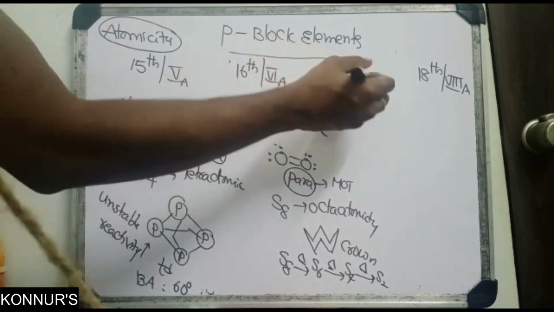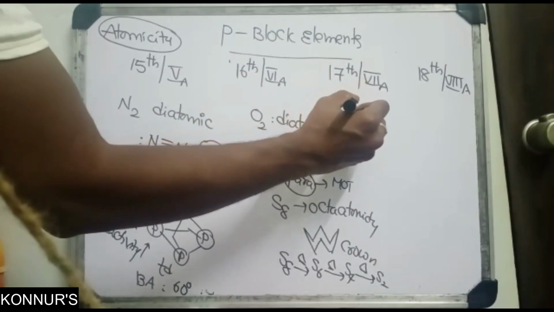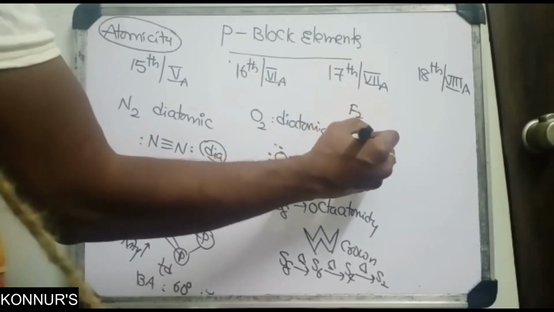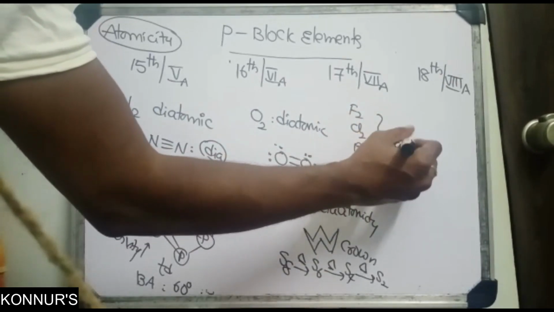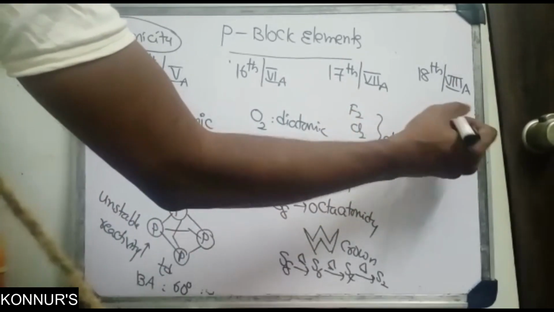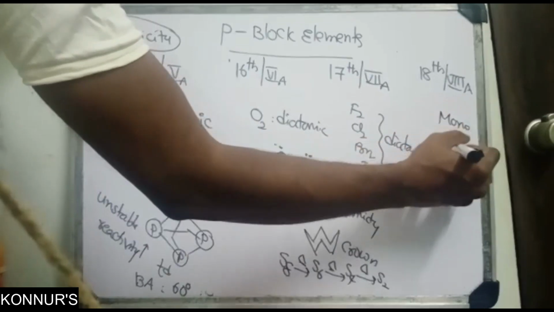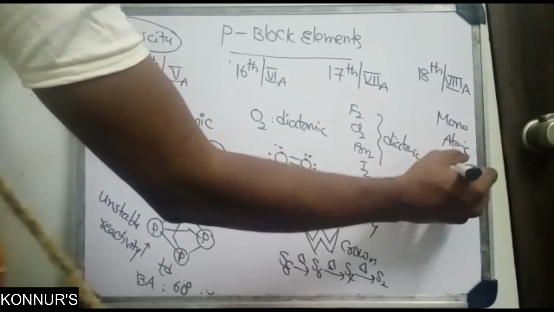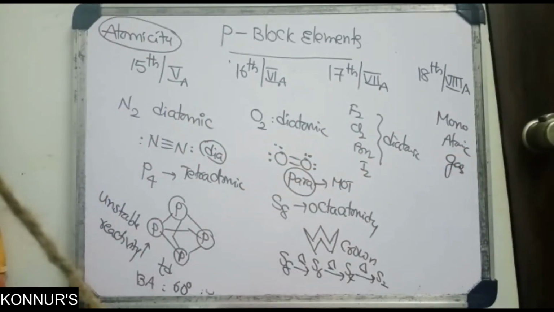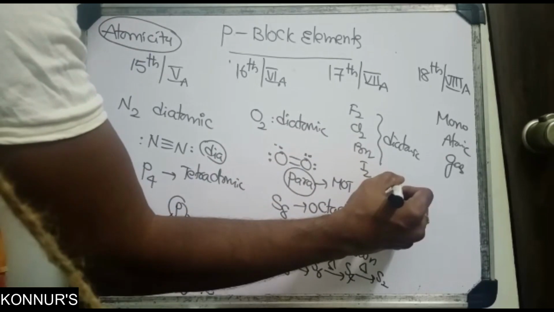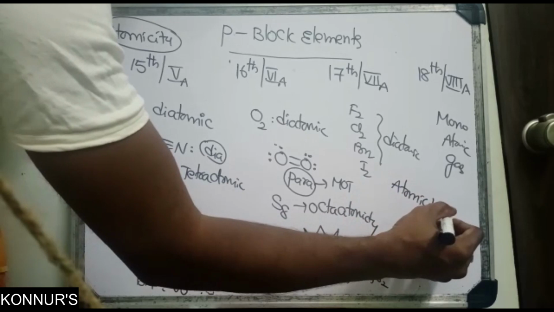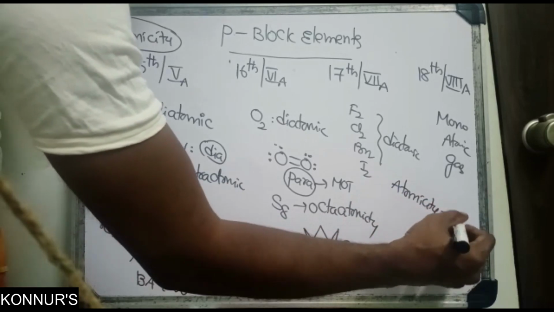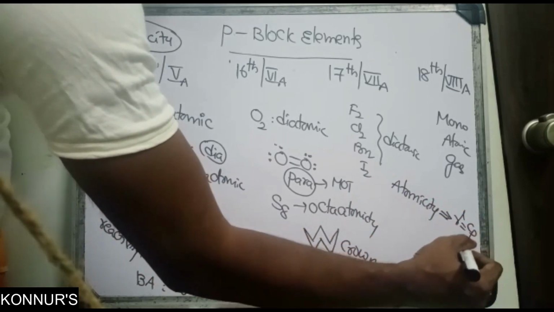Next, in the 17th group, these are diatomic only: F2, Cl2, Br2, I2. All are diatomic. Next, these are monoatomic gases. In thermodynamics, atomicity is explained by the gamma value, that is Cp by Cv.